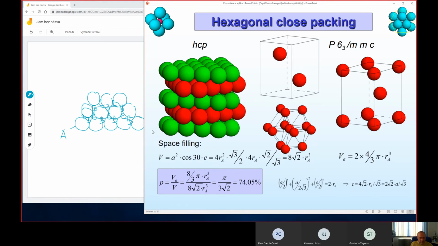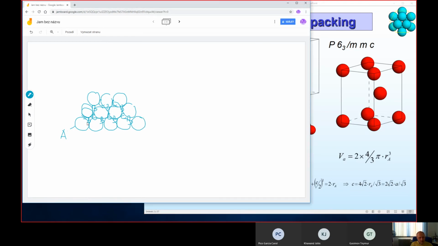This pattern is hexagonal. We can clearly see that this one layer close packed structure is hexagonal because the unit cell is this one with a 120 degrees angle here. So we have the two-dimensional hexagonal lattice. Indeed, the next unit cell will be this one, and the next unit cell here will be this one.